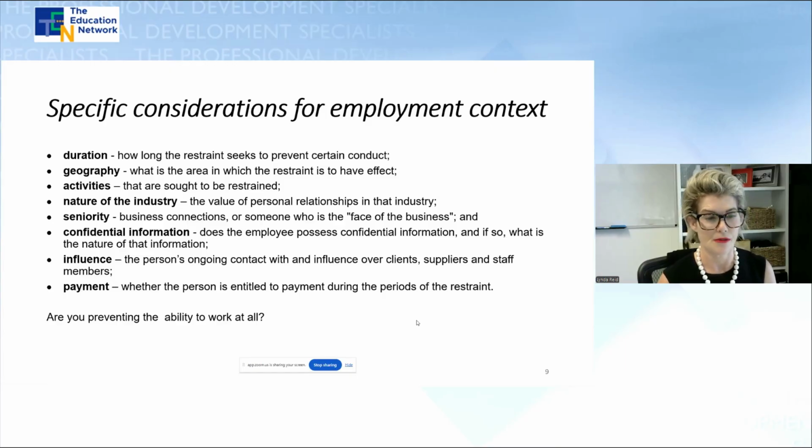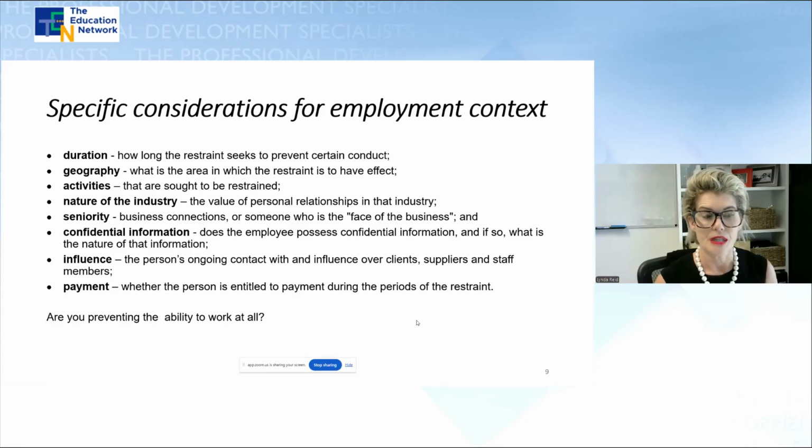So that could be anything from law to personal training to logistics, the types of things that are really heavily dependent on people who might be perceived as gatekeepers or facilitators for that relationship to exist and the success of the business that relies on those relationships. Looking at the seniority of the person who is sought to be restrained, so their business connections, or somebody who is literally the face of the business, the person whose image is all over the website, who is the personal driver behind a business.